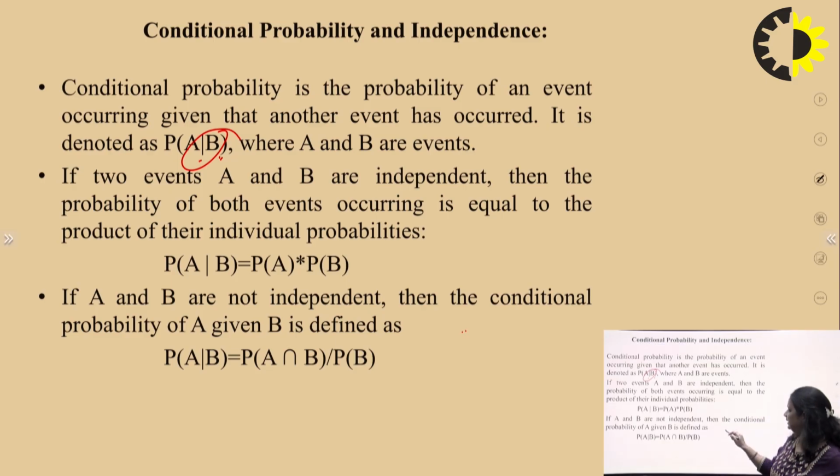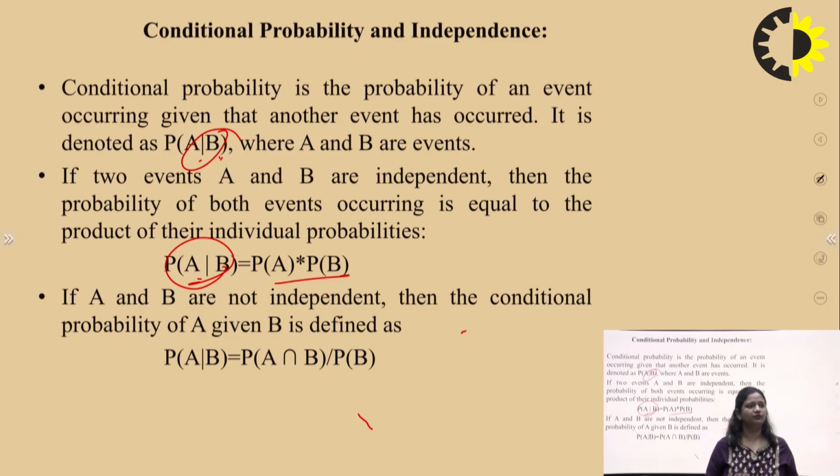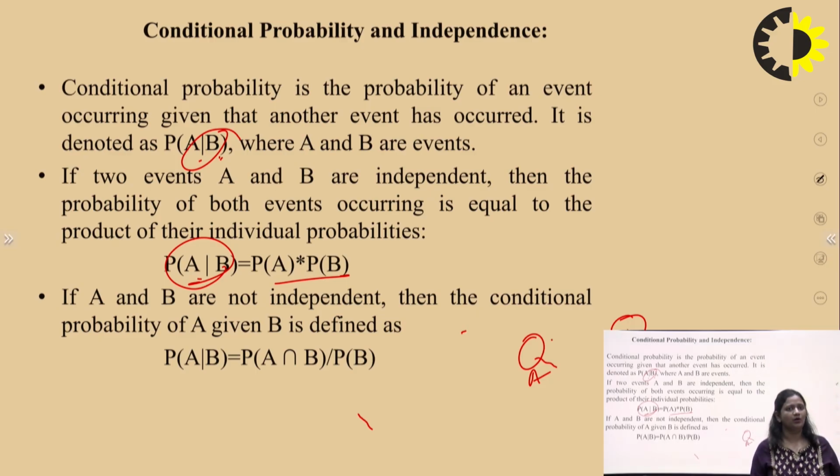If the events A and B are independent of each other, then the probability of A and B is the product of probability A and probability B.